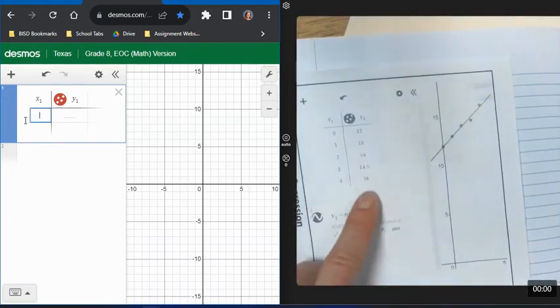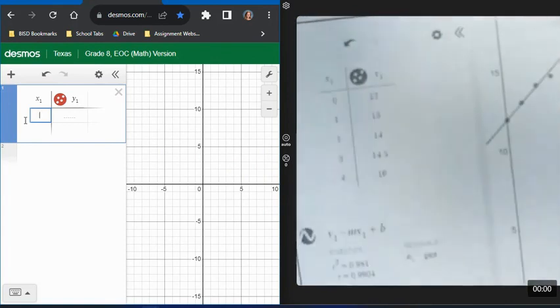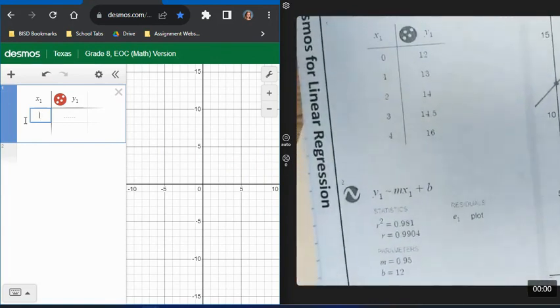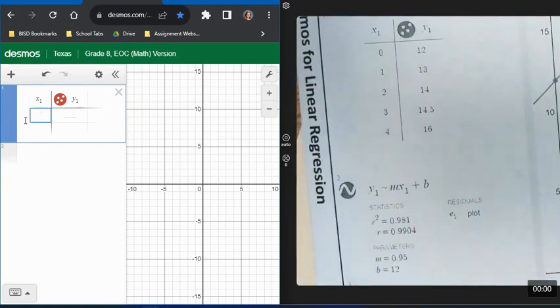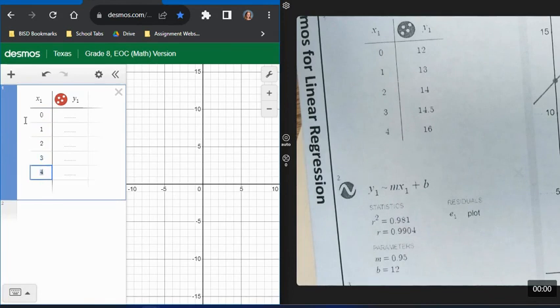So these are the values that we're going to use for X and Y. You can go straight down the X side, or you can go back and forth between X and Y. I don't have a 5, so I'm going to back it up.